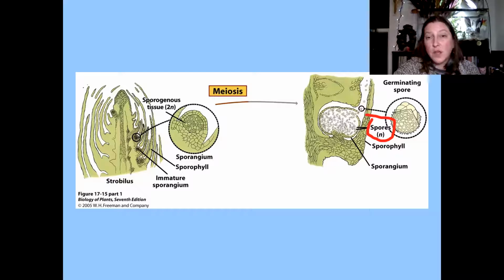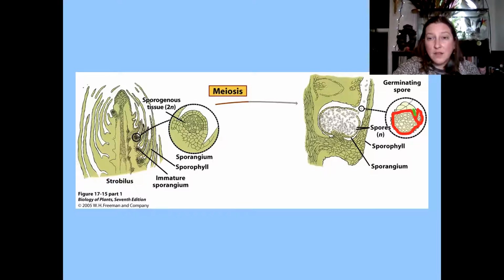Those are the spores. Here's a spore that's leaving. Look, it's going to fly away. And if we were to zoom in and look at that spore, this is what we would see. This is the spore.